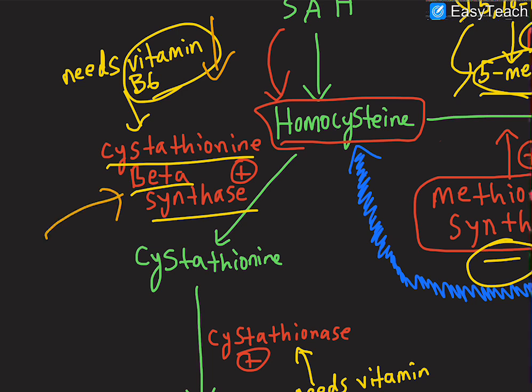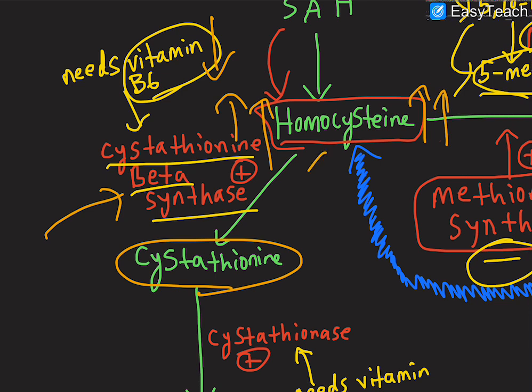You cannot convert homocysteine to cystathionine, which means homocysteine levels will build up. A dysfunctional cystathionine beta synthase, which we'll talk about soon, is actually what homocystinuria is. It's a defect or deficiency in cystathionine beta synthase, so you increase your levels of homocysteine because you can no longer convert it to cystathionine.